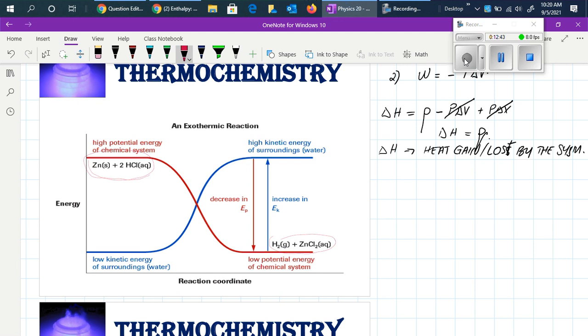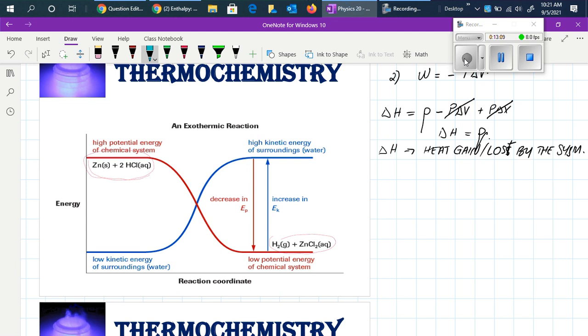And the blue color represents the kinetic energy of the surrounding. We mentioned it even in the first couple of videos, where we said that heat or temperature is directly proportional to the kinetic energy of the surrounding.